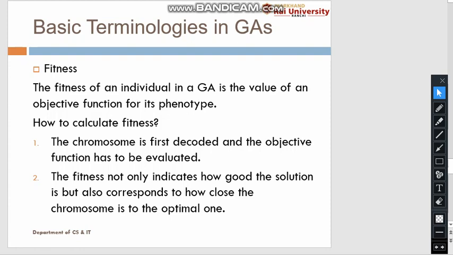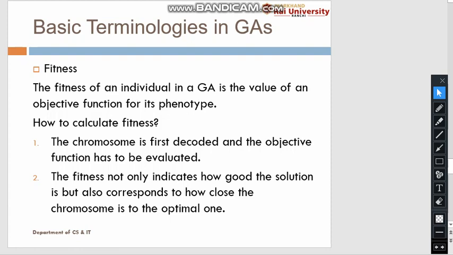Once after that we check the fitness of each individual in the search space. The fitness of an individual in the genetic algorithm is the value of the objective function for its phenotype. How do we calculate the fitness?